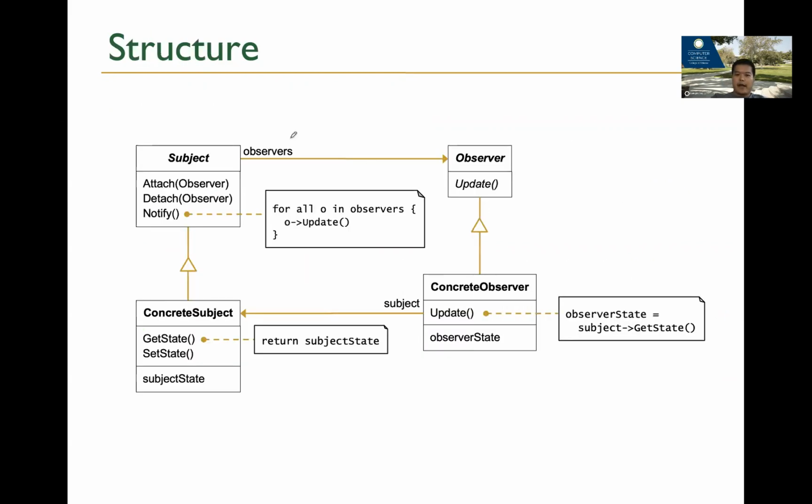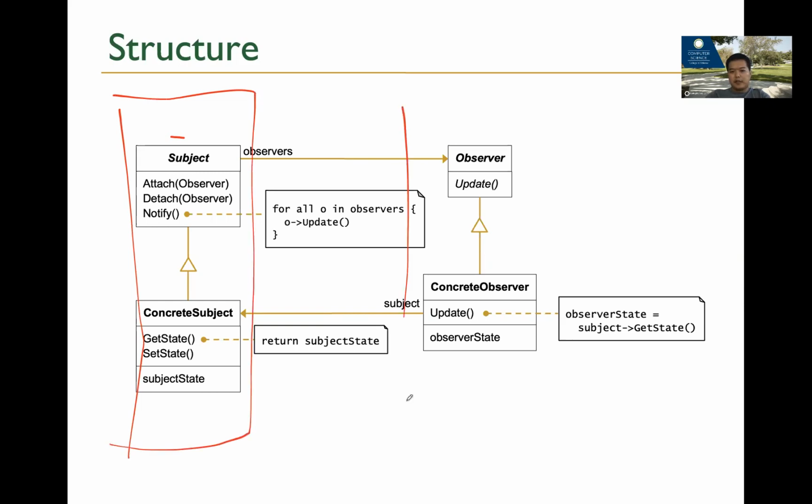So let's take a look at the pattern. This is how it works. This time I'm going to show you the structure first, and then we will see how we can follow this pattern to build our application. You have a subject. There are two hierarchies. One hierarchy is on the subject, and the other is about the observers.